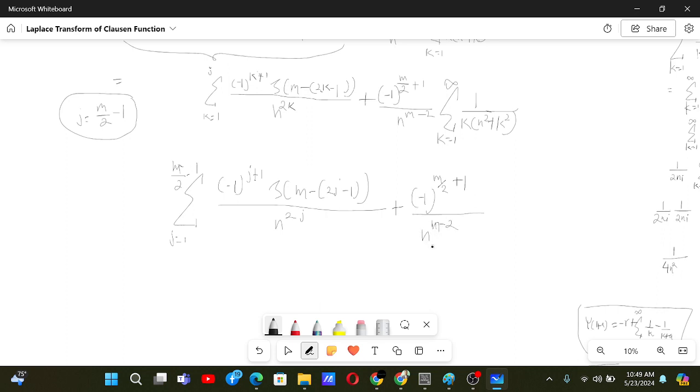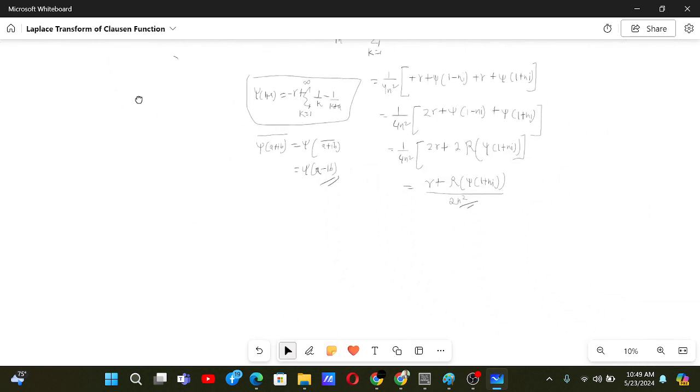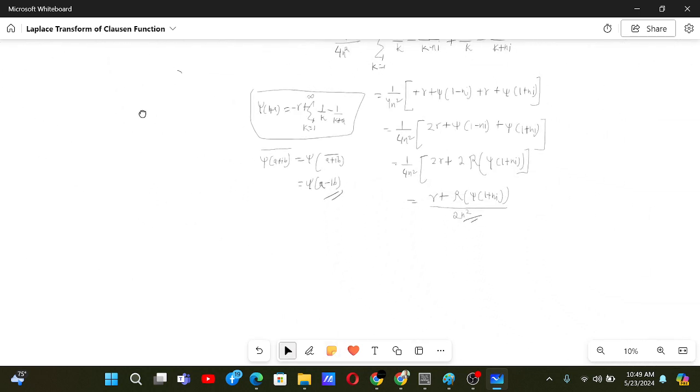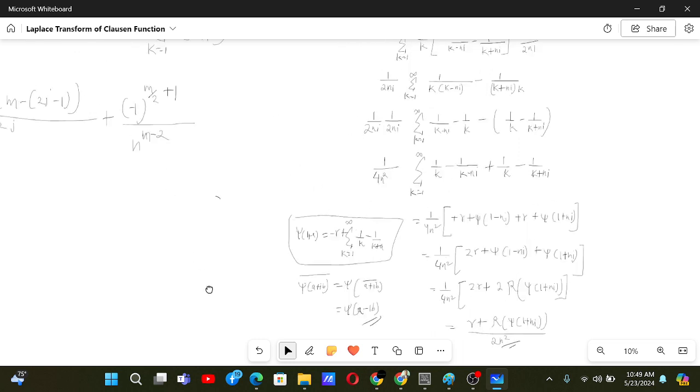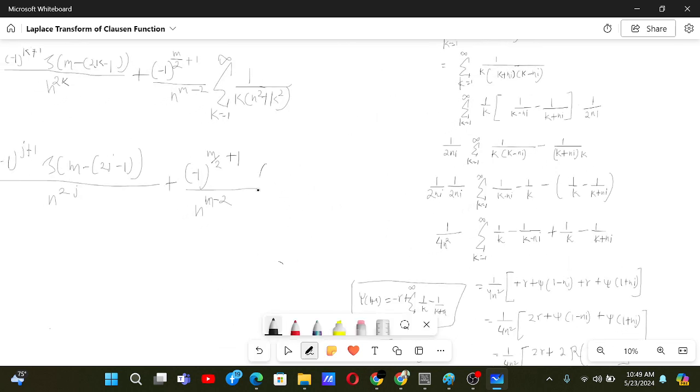Yes, and our sum that we have got is just Euler-Mascheroni constant plus real part of digamma of 1 plus ni by 2n square.